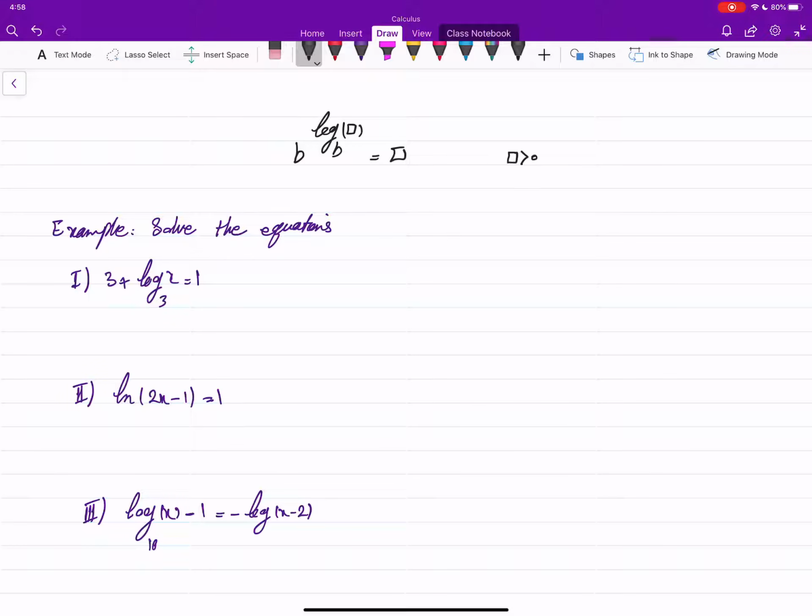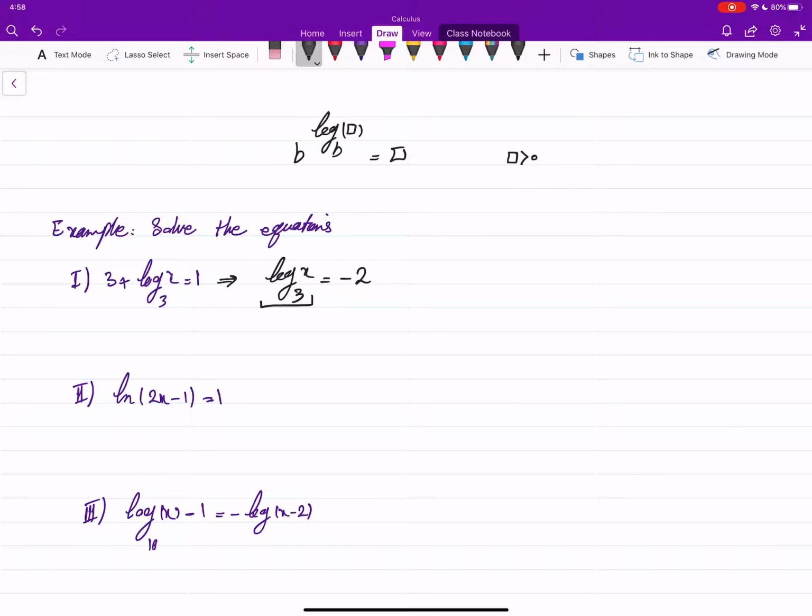Okay, let me start with this one. Well, as before, we want to make one side one expression of log, the other side, well, numbers. Very nice. Now, you see there is a log base 3.